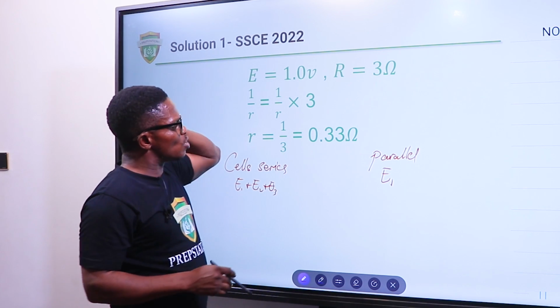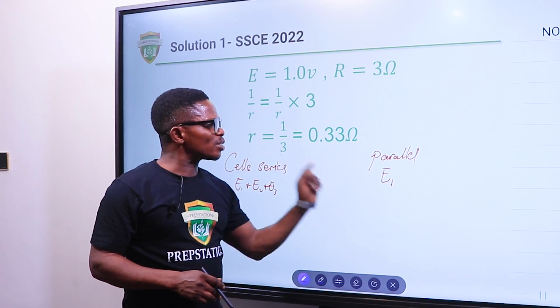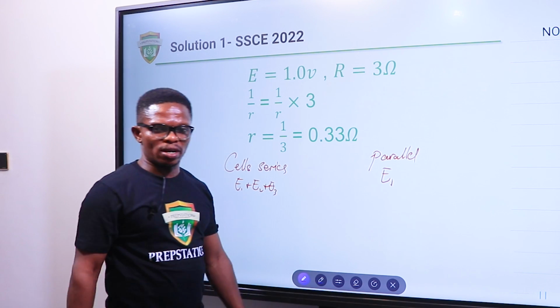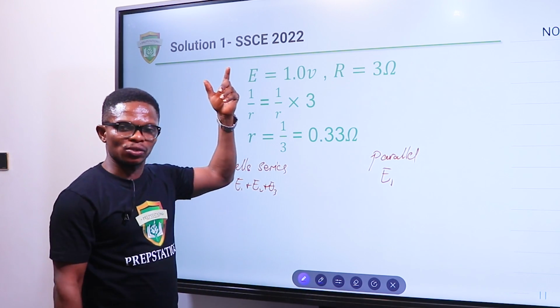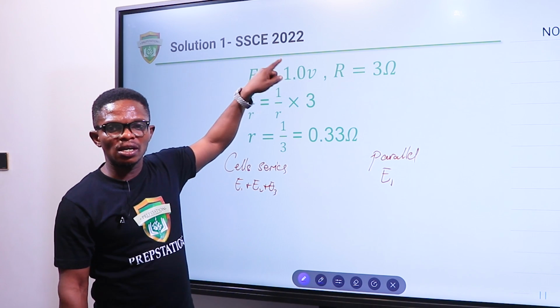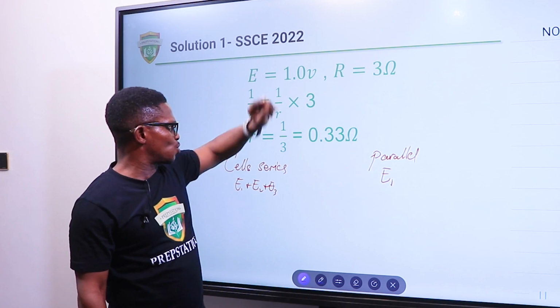So in this question, we have 3 cells. Because they were connected in parallel, I will only pick the value for 1, not the 3 cells. So that is why we have EMF here as 1 volt instead of what? 3 volts. Does that make sense now?